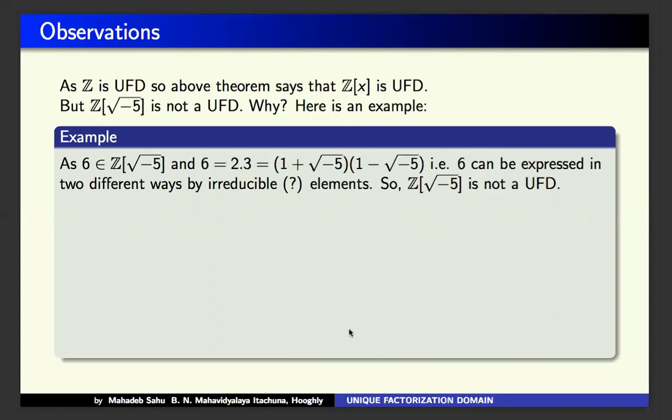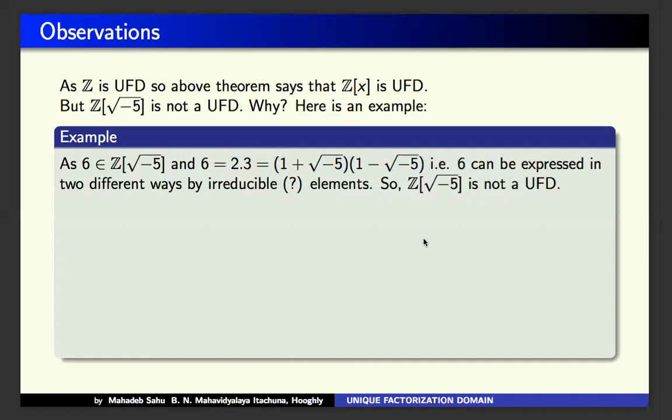So 6 has two types of expression, and 2, 3, 1 plus root minus 5, and 1 minus root minus 5 are all irreducible elements.